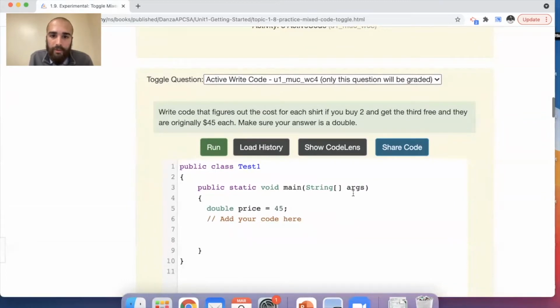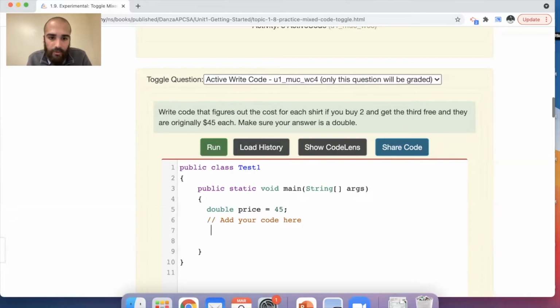Write code that figures out the cost for each shirt if you buy two and get the third free, and they are originally $45 each. All right. So it doesn't give me a variable name, so I can choose whatever I want, it looks like. Buy two and get the third free.